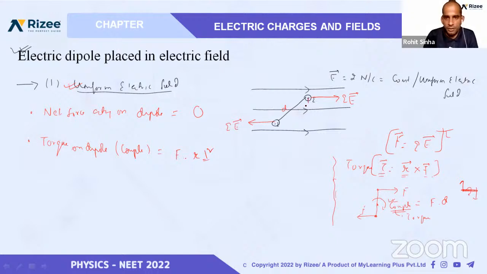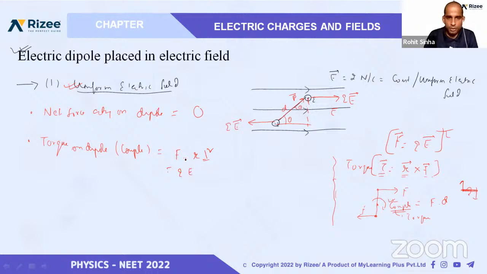Let us suppose this is the angle theta made by this dipole from minus q to plus q. We know this is the direction of dipole moment P, and this is the direction of electric field, and the angle between them is theta. We will say that the force is qE.